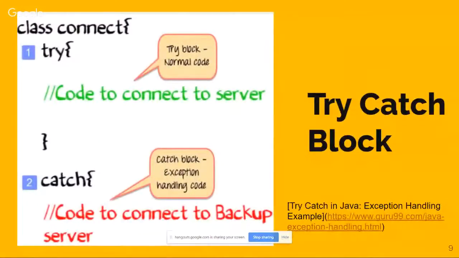Now, to handle an exception, Java provides an inbuilt exception handling try-catch block. The normal code goes into the try block. So if you are trying to connect to a server, here is where you will write your code. If you are trying to connect to a database, it's the same.